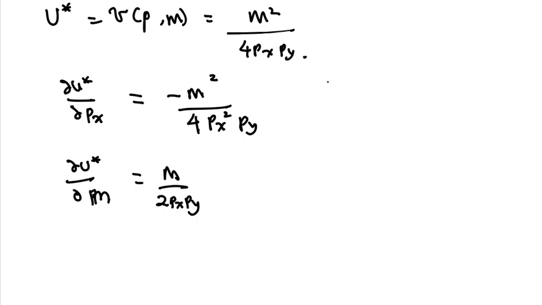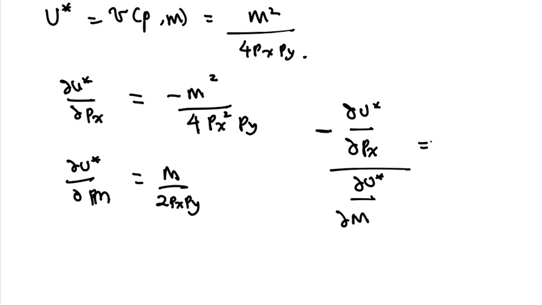So Roy's identity is minus delta u over delta px for good x, over delta u star. I put u star because u star equals v. And delta m equals, in this case, don't forget the minus sign.